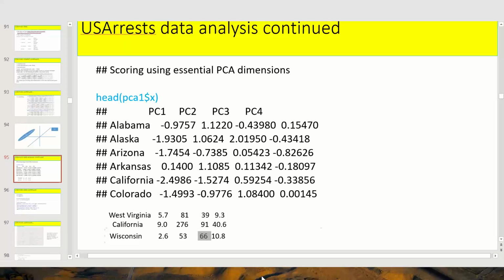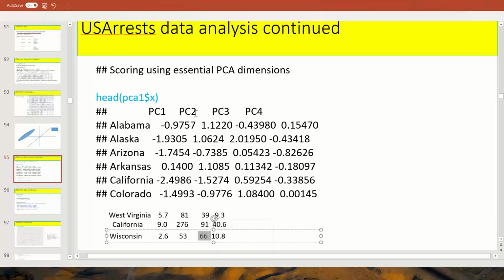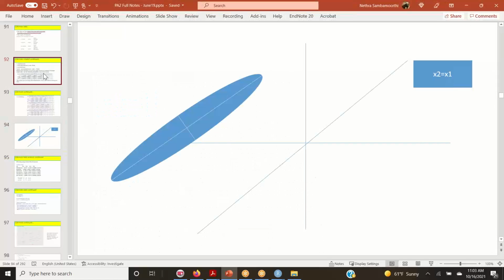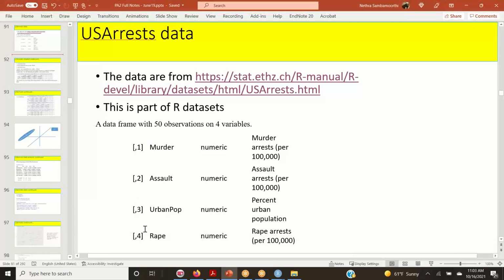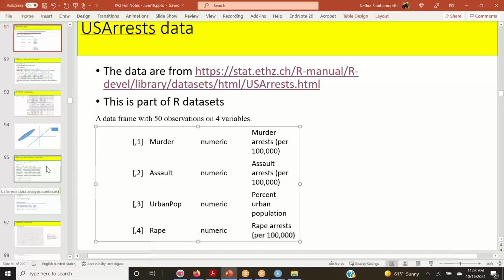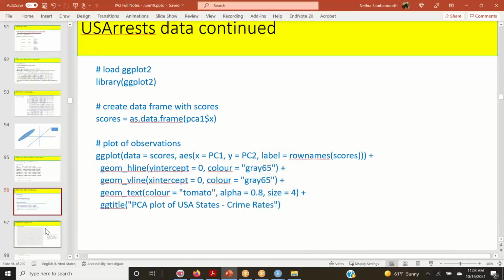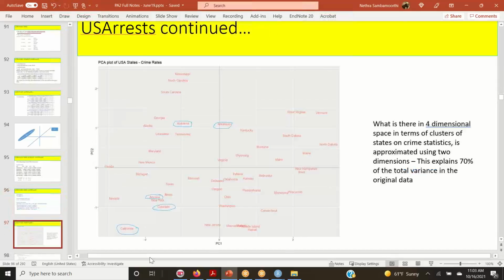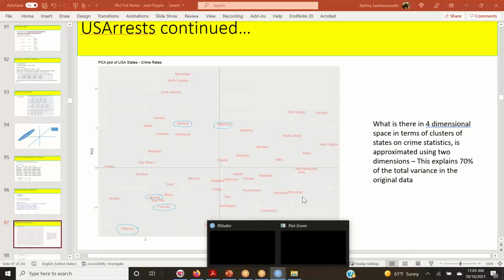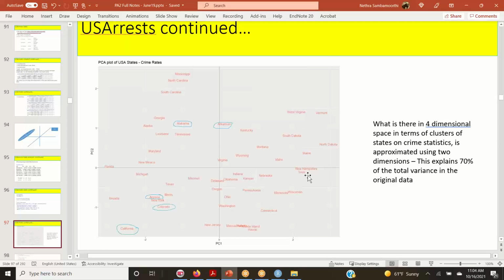That is interesting. What is the fourth one? We are talking about the fourth one, which is rape. Okay, so that is why you have to interpret it. So you can see that. That's the reason why it is here. So this axis is more about rapes. The right side is more about rapes.